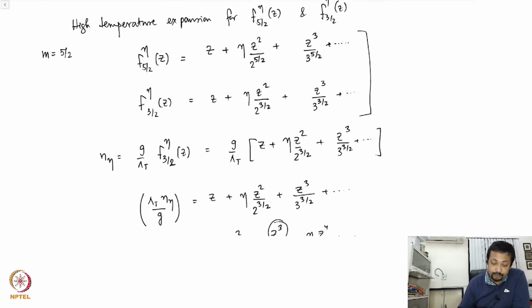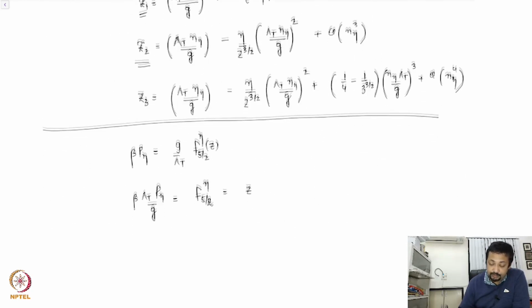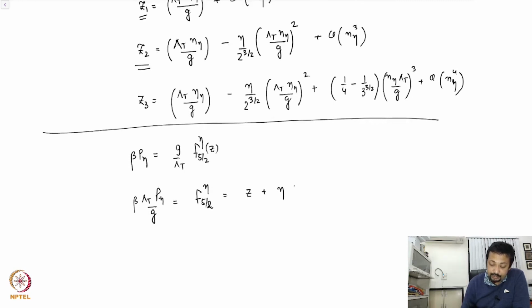If you go back to this approximation, it is going to be z plus eta z square over 2 to the power 5 by 2 plus z cube over 3 to the power 5 by 2 plus higher order terms.